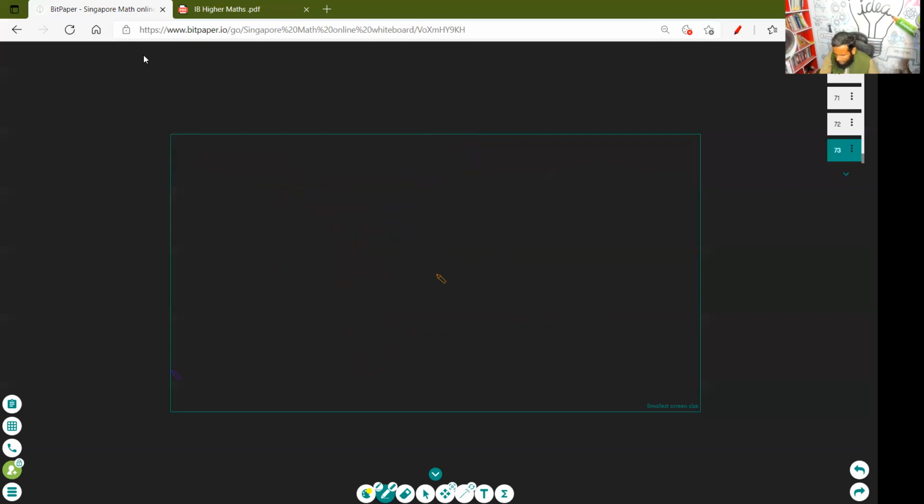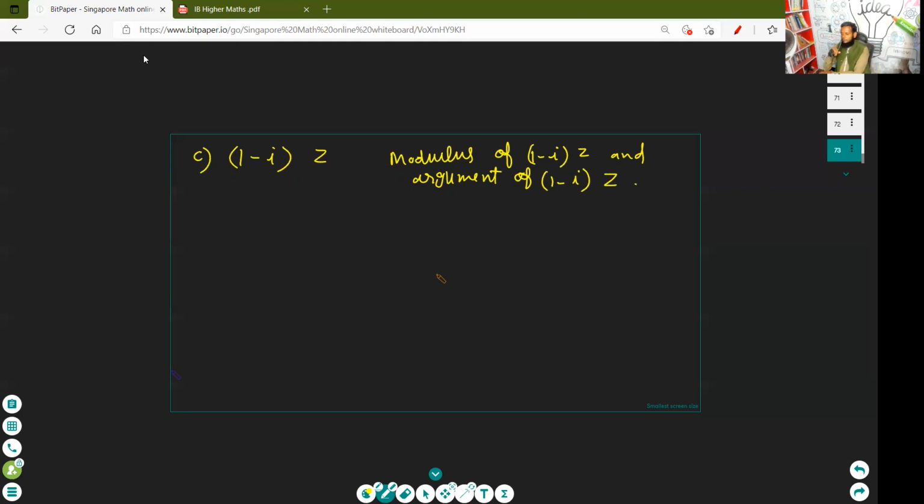There are two methods. If you cannot remember the formula for 1 minus iota Z, you should find the modulus of 1 minus iota into Z and the argument.